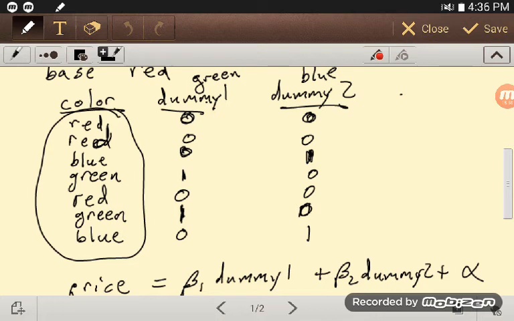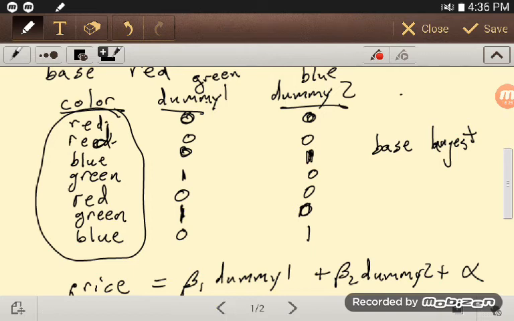We choose a base case. Typically, you might choose the base case because it is the largest. The most observations were that. So here I had 1, 2, 3 reds, 2 greens, and 2 blues, and so maybe it made sense to choose the red as the base case there.